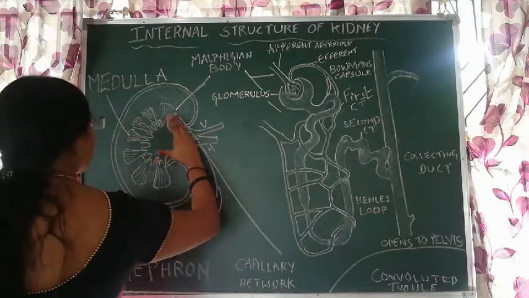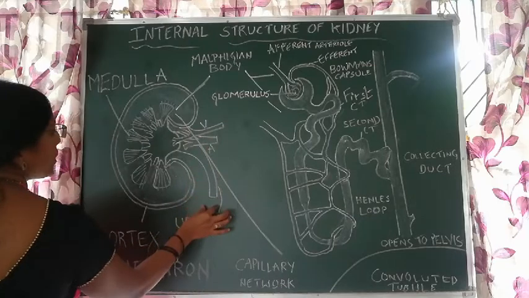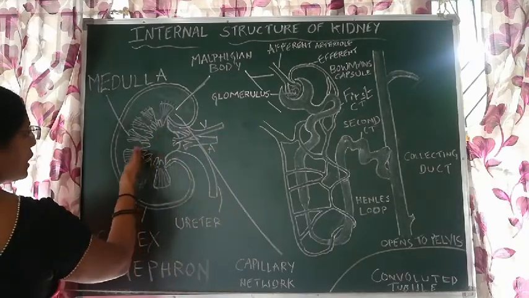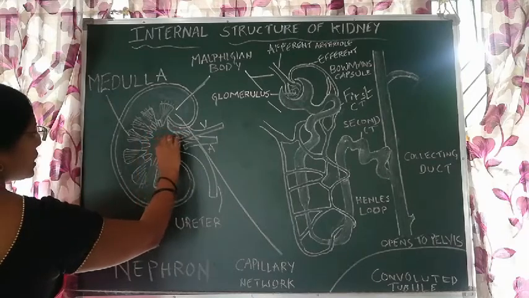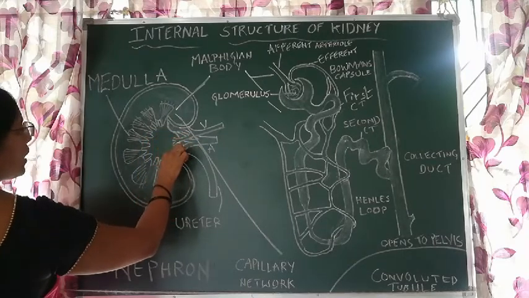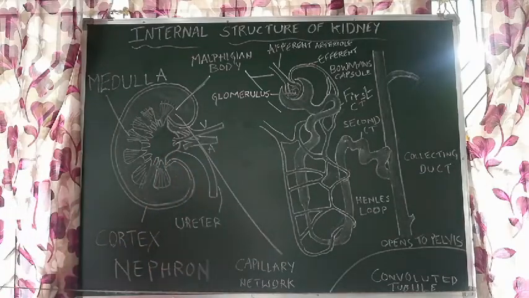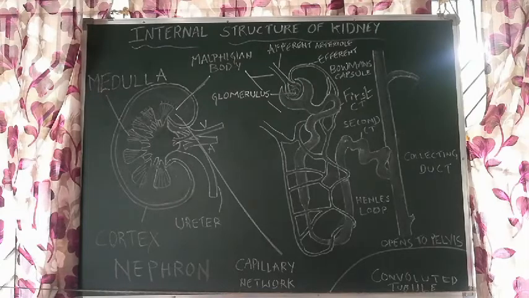The ureter comes out of the kidney and all the urine present in all the collecting ducts enters the funnel shaped structure, enters into the ureter, comes out and gets collected in the urinary bladder. So, this is how our urine is formed.